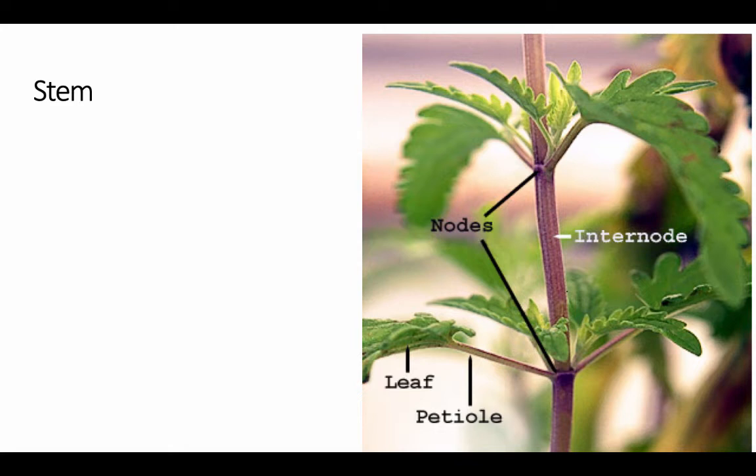So it can produce new shoots, it can produce roots, it can produce flower stalks. Right here in this region, what I call the armpit of the stem, there is an area that has a bud, and we're going to talk about buds later. But this is just the most simple anatomy of a stem.